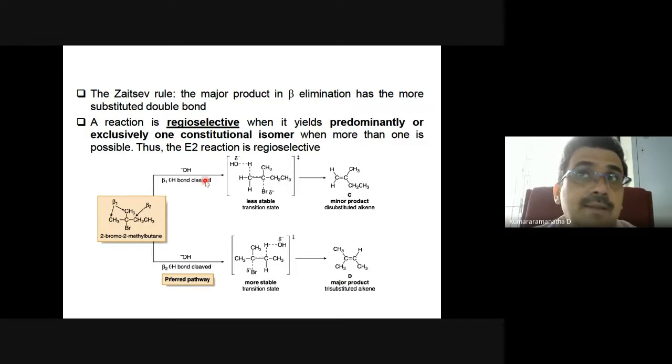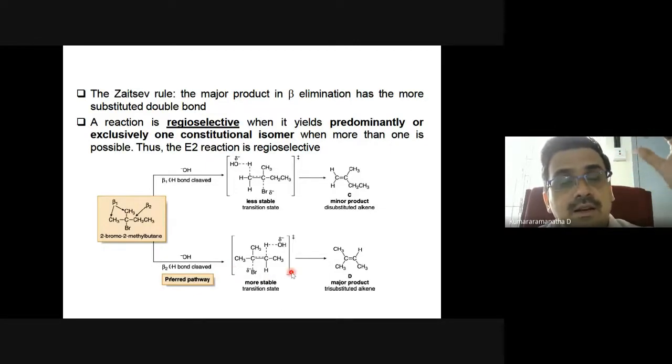Whenever you have multiple carbons, especially beta carbons, the preferred pathway will be more towards a major product where you look for the beta 2 hydrogen being cleaved, which essentially gives rise to the regioselectivity in the final products.